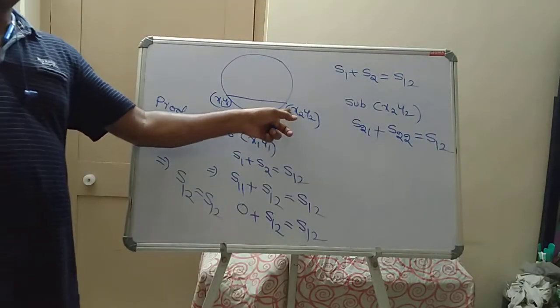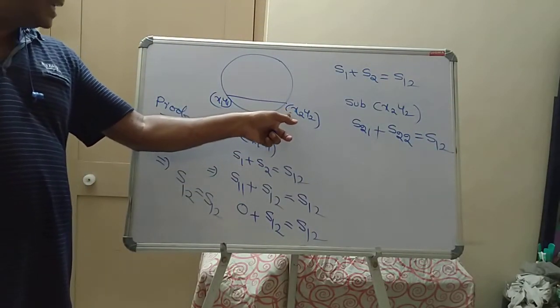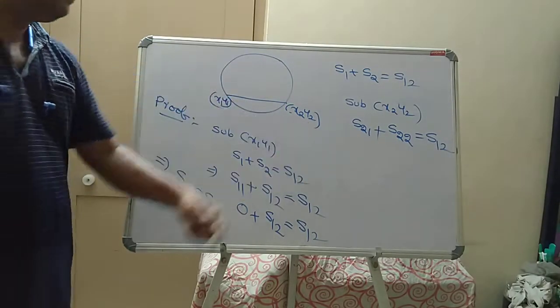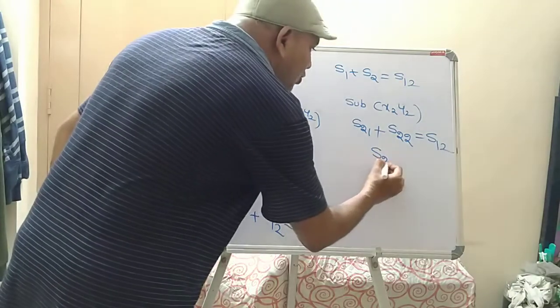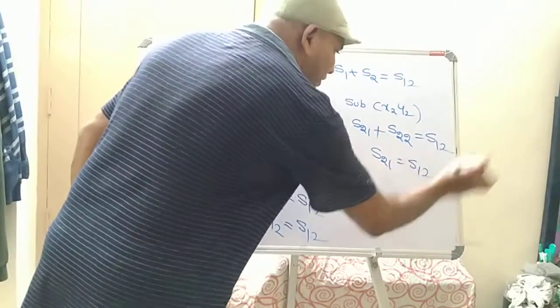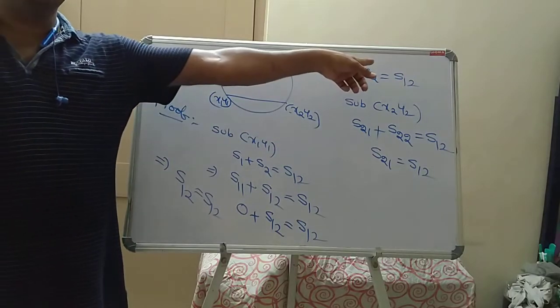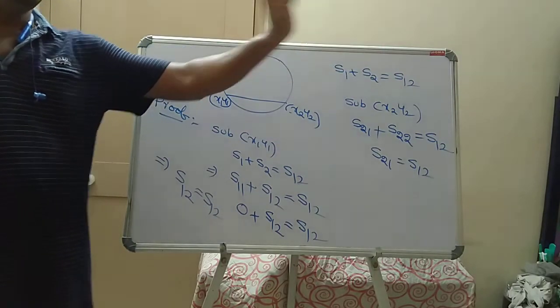But (x2, y2) lies on the circle, so S22 = 0. That means S21 = S12. So the two points satisfy the equation.